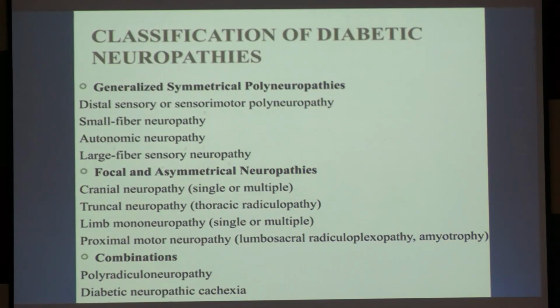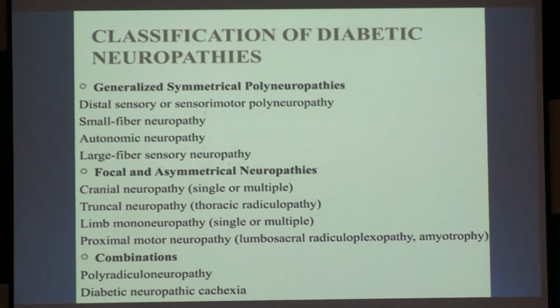Now the clinical classification. Diabetic neuropathy is broadly subdivided into generalized distal symmetric polyneuropathy, focal, segmental or asymmetric neuropathy, and lastly a combination of these two.